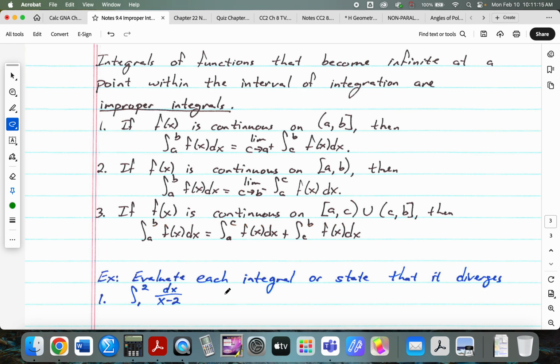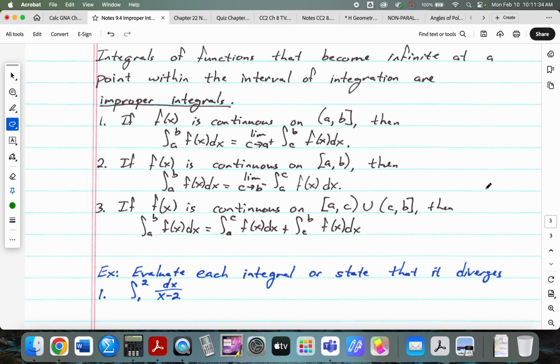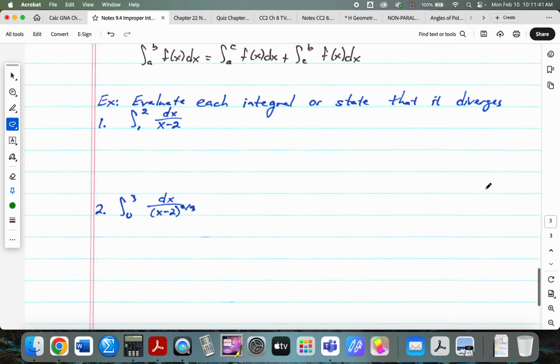If that happens, we're going to break it up, and we're just going to look at the limit as c approaches whatever that is from one side or the other. Let me show you. I think it's easier than reading this. I think reading it, my eyes start to cross. It's easier just to do an example.